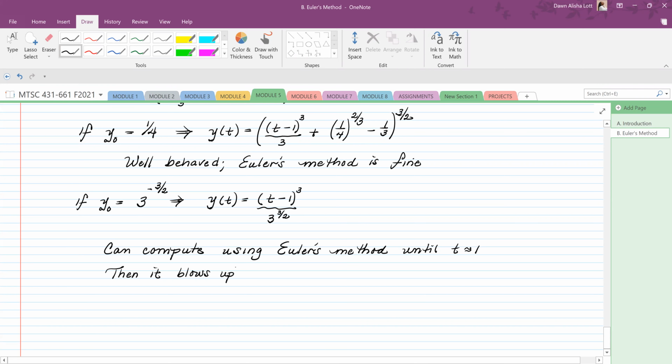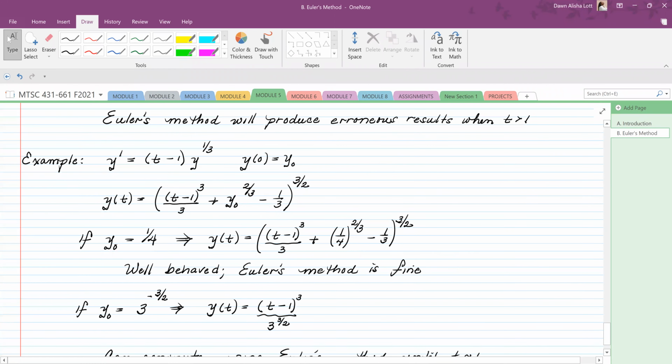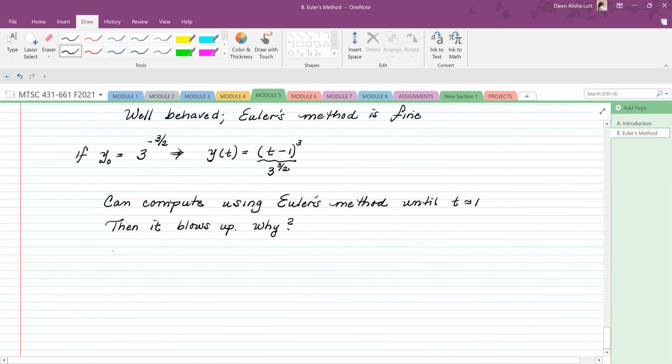And you should be saying, I don't understand. Why does it blow up? It looks like when t is equal to 1, y is 0. Okay, so why? Up until t is 1, it's fine, because y equal to 0 is another solution to the problem.